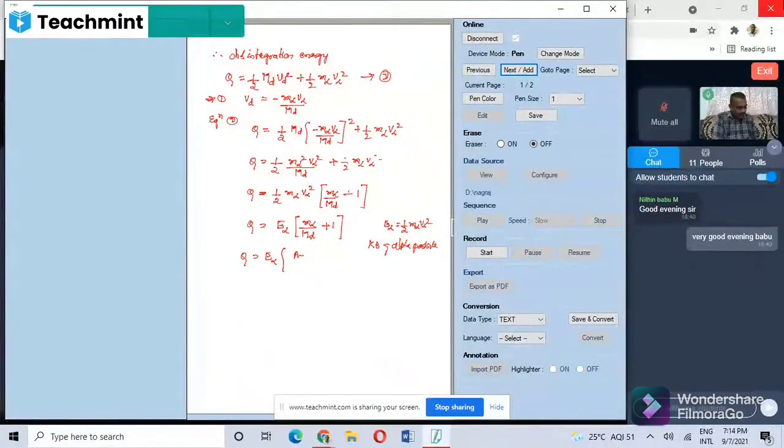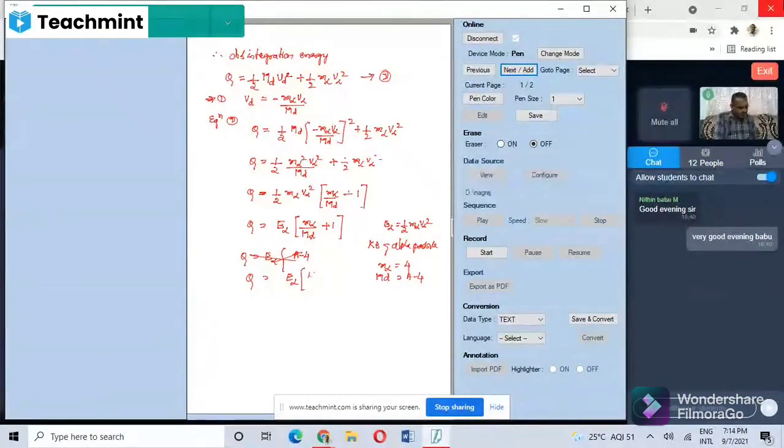You know the mass of the alpha particle is 4, and the mass of the residual nucleus is A minus 4.